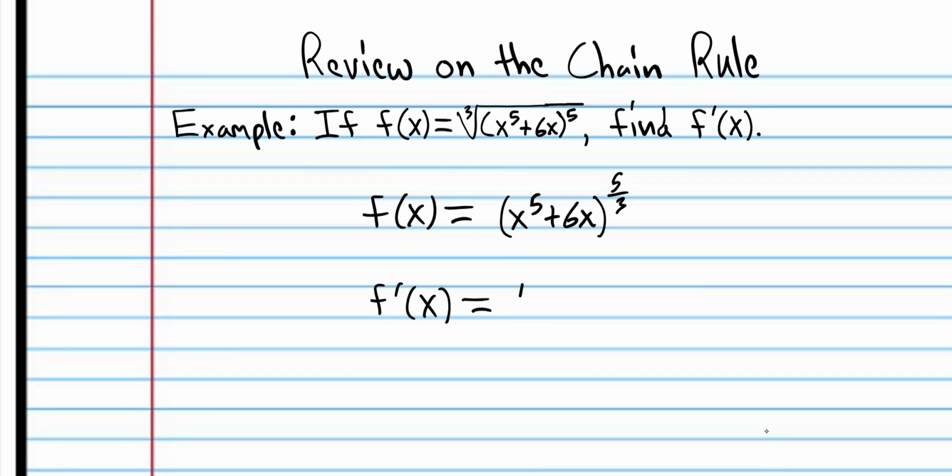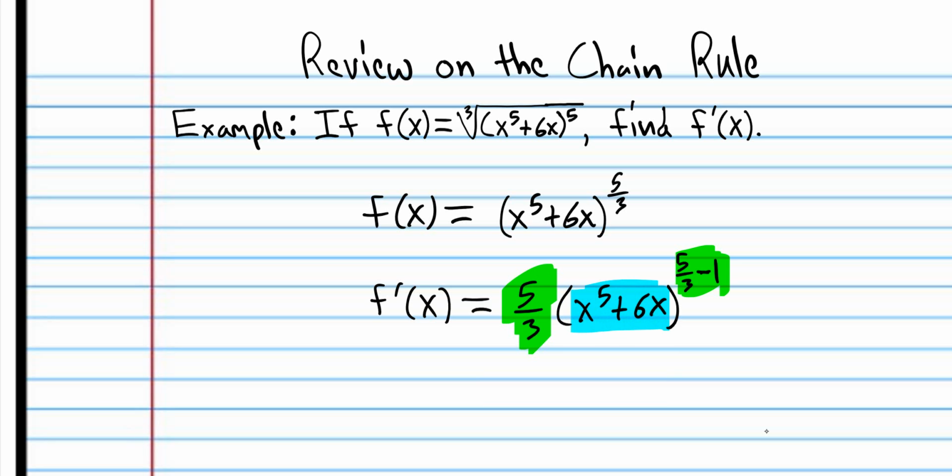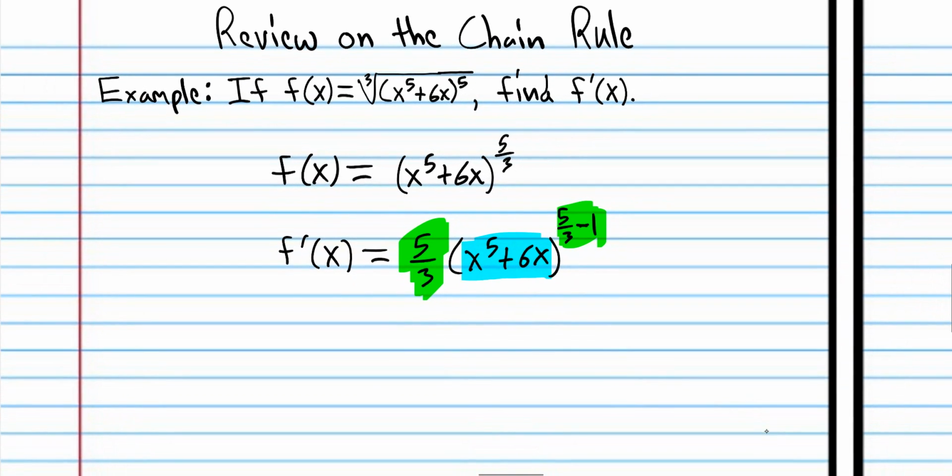Remember, we first find the derivative of the outside function, and that would be the power rule. So that's the power rule there. And the second step is to keep the inside function unchanged. We're keeping that. We're not doing anything with it.